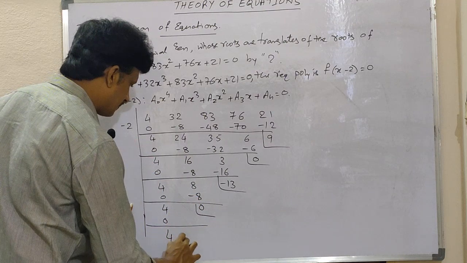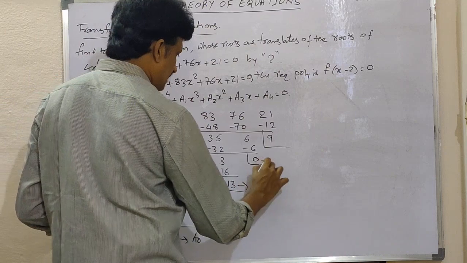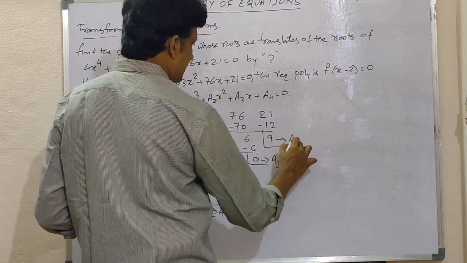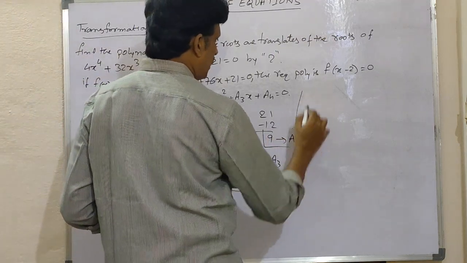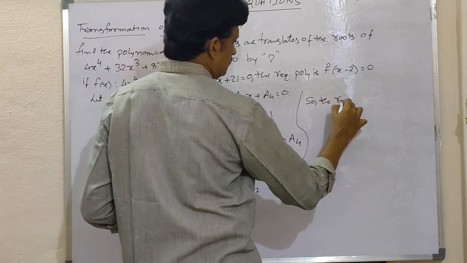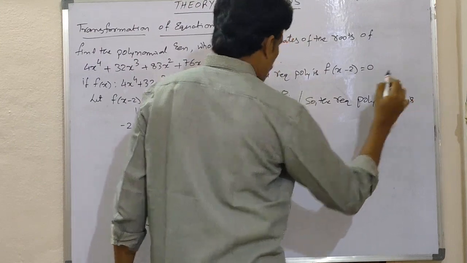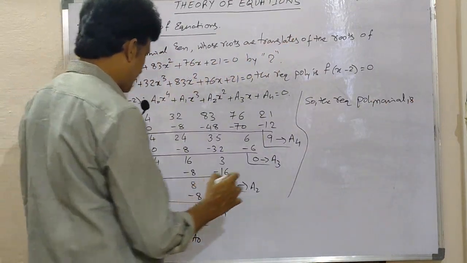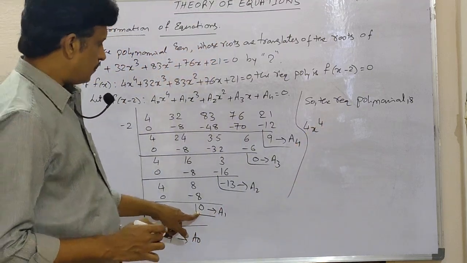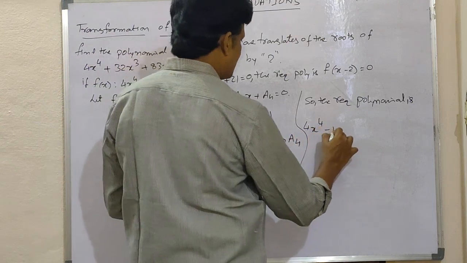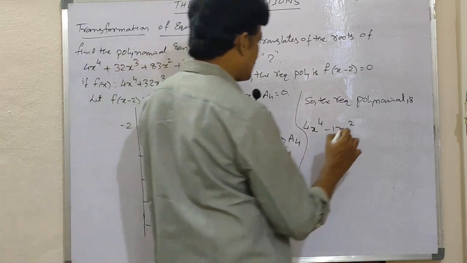Now the last one is 4. So this is A0. This is A1. This is A2. This is A3. And this is A4. These are the required quotients. So the required polynomial is A0 x power 4, that is 4x power 4, plus A1, that is 0 into x cube, plus A2 x square, that is minus 13x square, plus A3, that is 0 into x, plus A4 is 9.